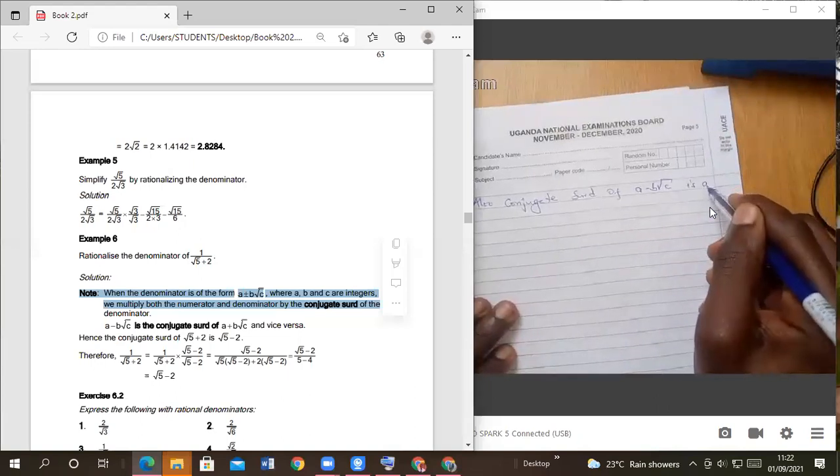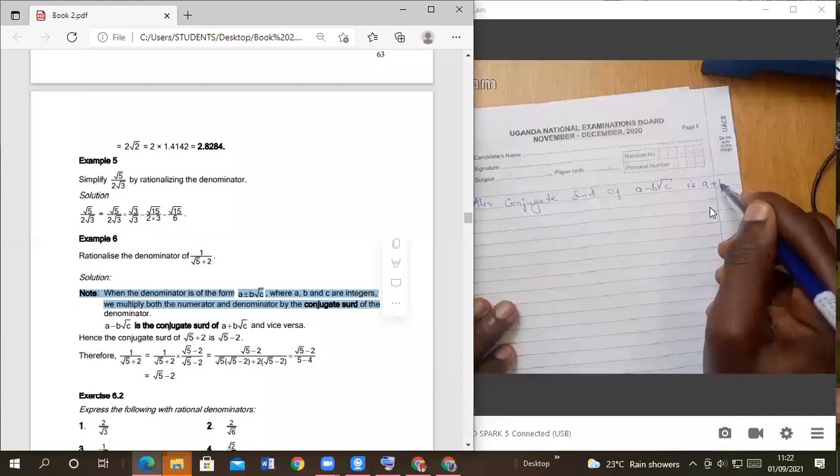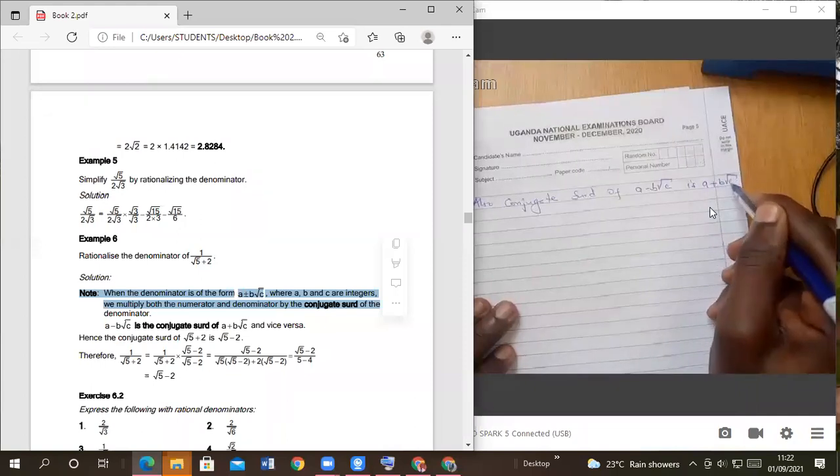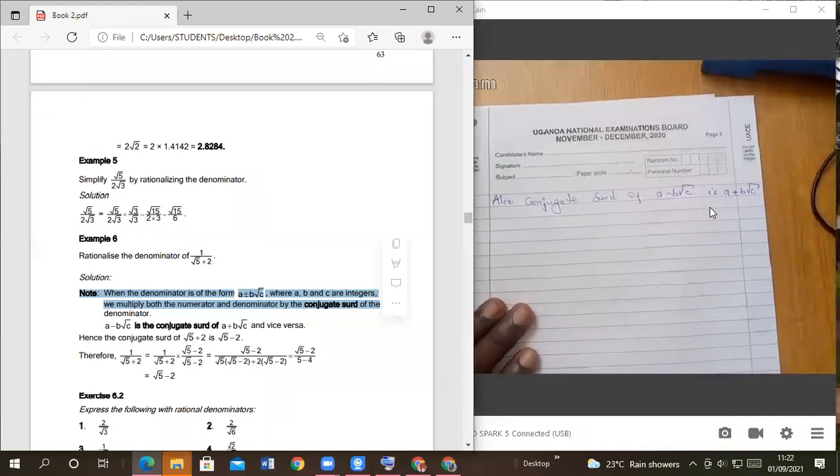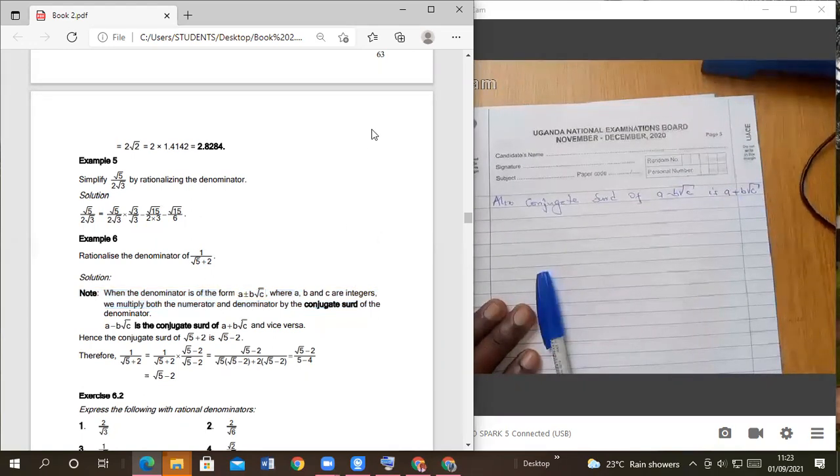It's going to be a plus b root of c. Are we together, members?